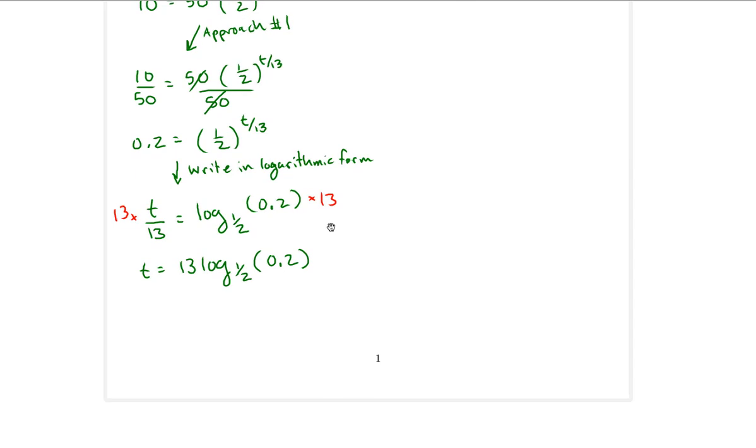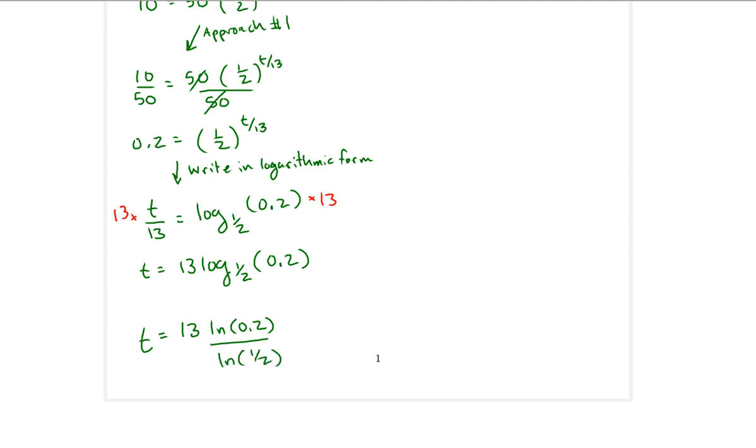Okay, so that's an answer, but it's not a very good one for an application problem, right? We'd like to be able to put it in our calculator. In order to do that, remember, we have the change of base formula available to us. So we can say that this is the natural log of 0.2 divided by the natural log of 1/2.